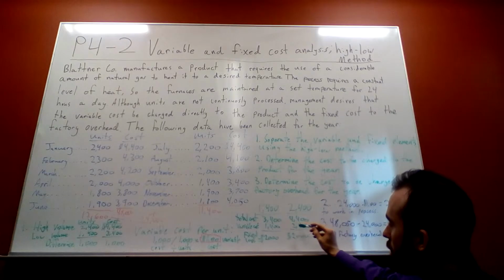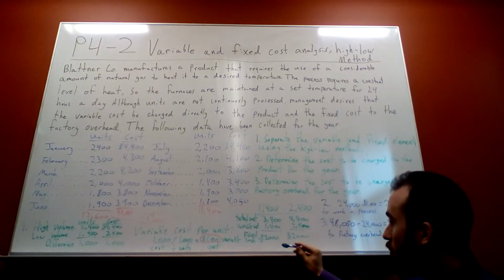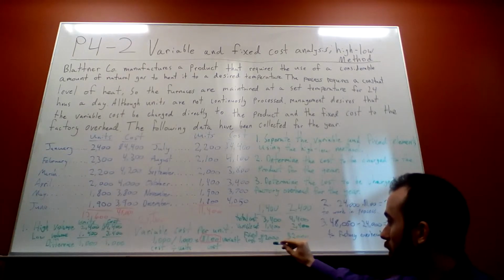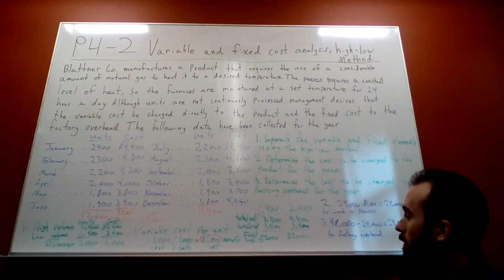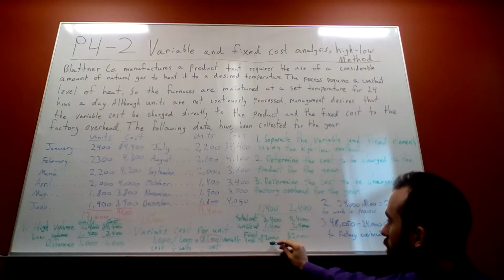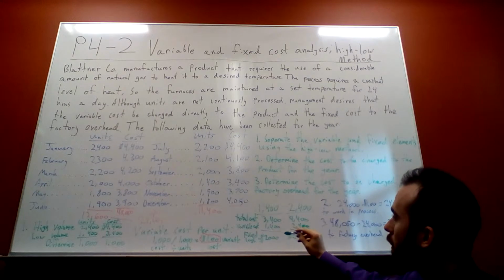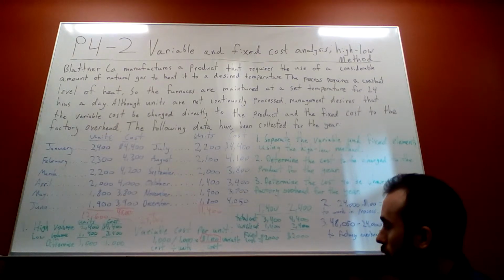We subtract them and we get 2,000, 2,000. That's how you know you did it right when they both equal, because fixed costs are the same every month. Our fixed cost for January and October is 2,000. So we know that's our fixed.